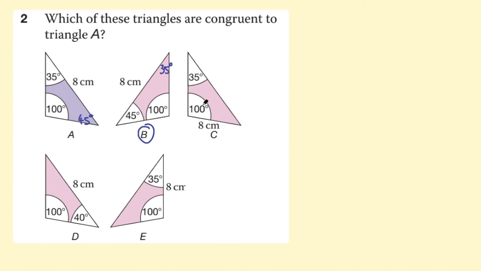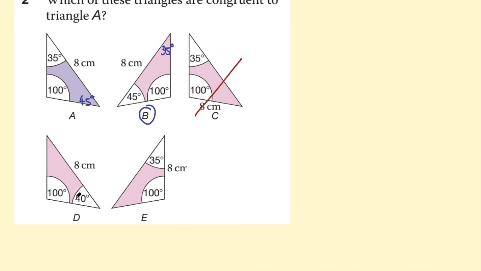In C, I have two angles, but the side that's 8 centimeters is not corresponding to the side on triangle A, so C is not congruent. In D, one of the angles is off. In congruent triangles, we know all angles must be equal, so this can't be congruent.